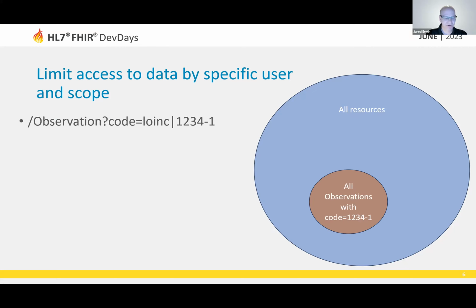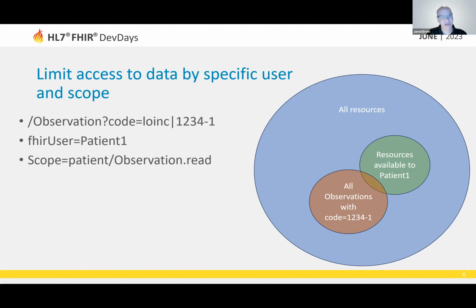But if you're a Smart on FHIR user, and we're implementing the Smart on FHIR standard, then you should really only see resources that are available to you as a user. So if you're patient one, then the subset of resources in the server is really all that should come up. So if you issued this query as patient one, and that was your FHIR user claim, then the intersection between resources available to patient one and the observation query, just where those two overlap, that's what you should get.